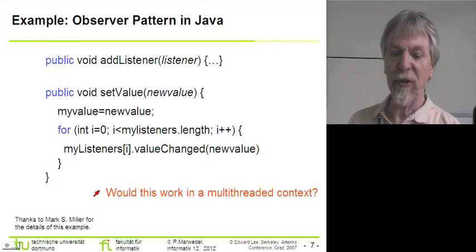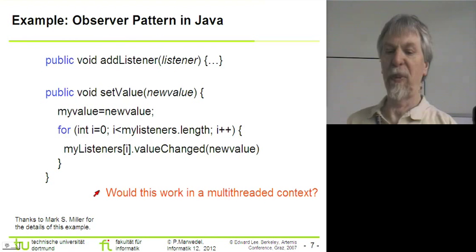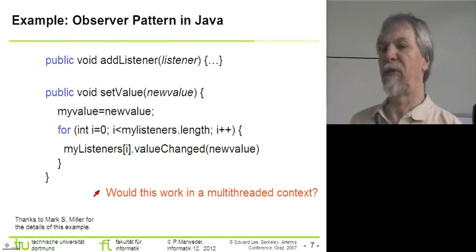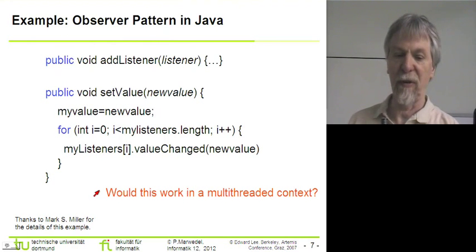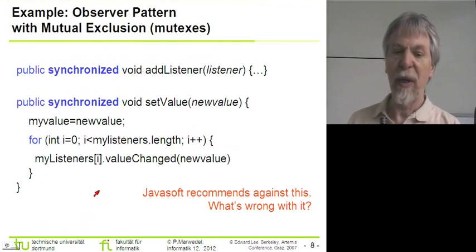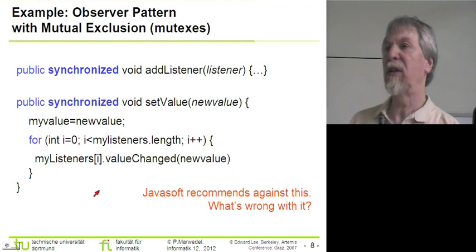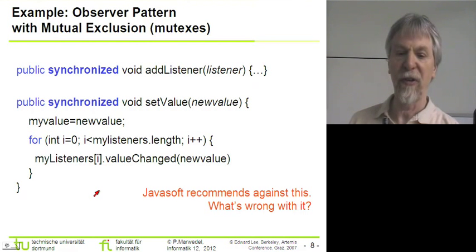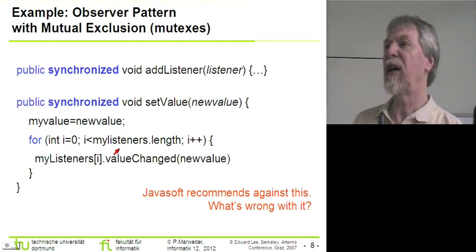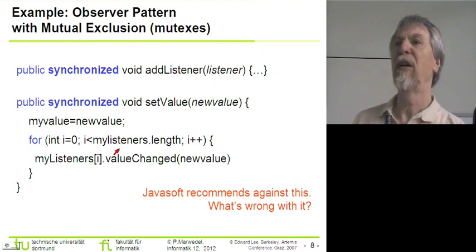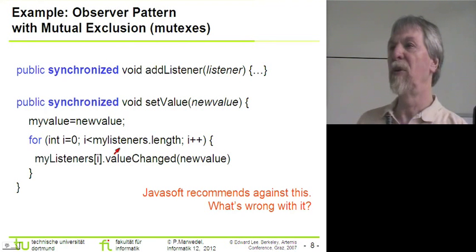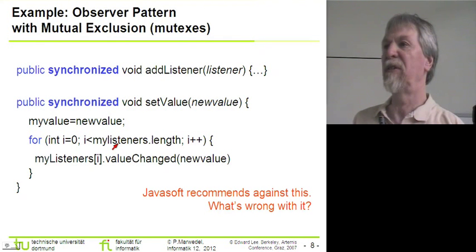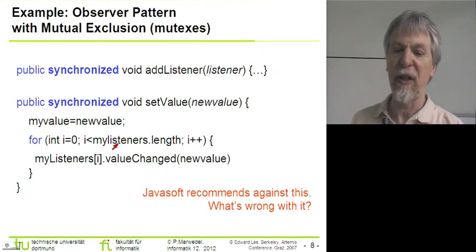Now the question which is raised is, would this work in a multi-threaded context where in several threads we could have calls to these methods? Well, in a multi-threaded context, we have to take into account that for a class we have kind of global data structures like the set of listeners, and we have to make sure that we don't get inconsistent results through some unsynchronized accesses to these global data structures.